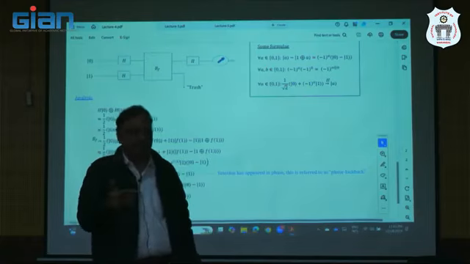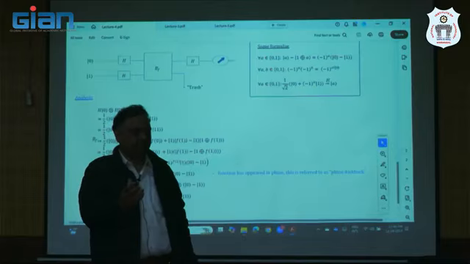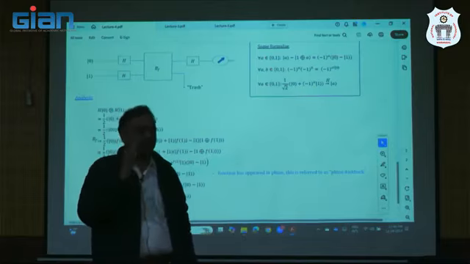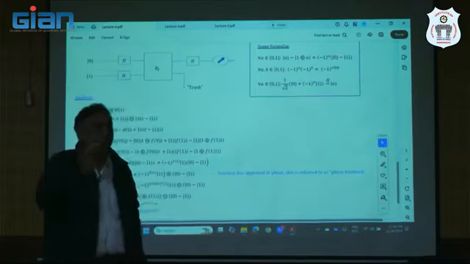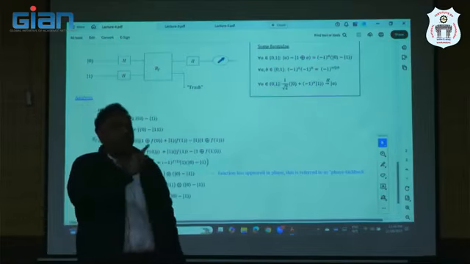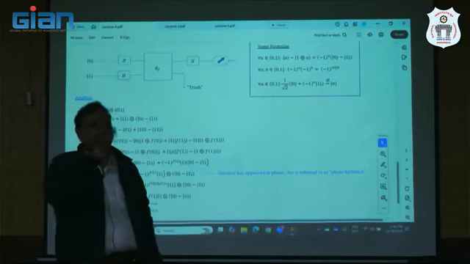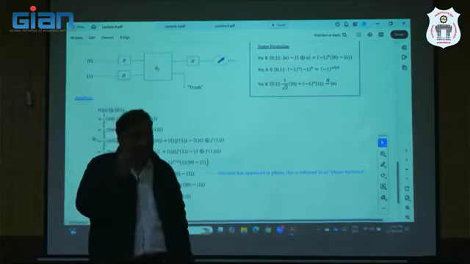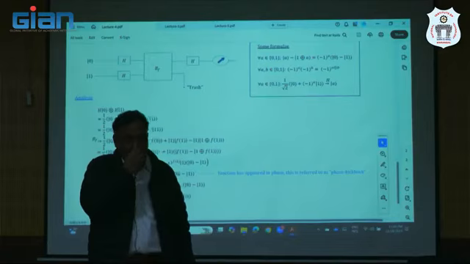The database is F. How many times am I querying F? That is what I am counting, and that is called query complexity. Time complexity would count even the Hadamard gates, this gate, measurement, everything. That is called time complexity.